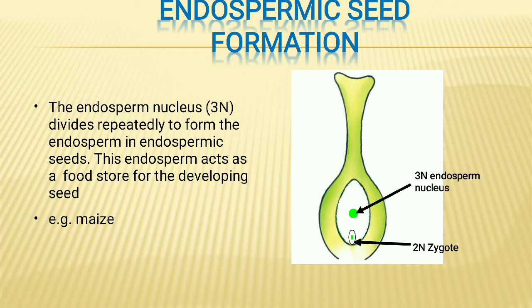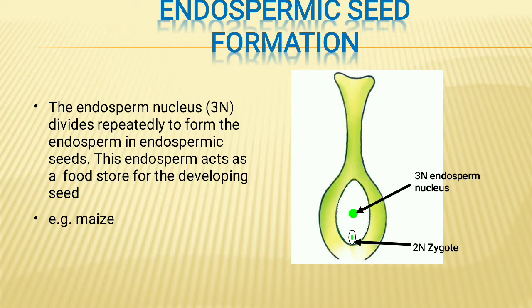Endospermic seed formation. Endospermic is related to the endosperm structure. So we'll see what happens here. The endosperm nucleus, which is 3N, divides repeatedly to form the endosperm in endospermic seeds. This endosperm acts as a food storage for the developing seed. Not all seeds contain endosperm.